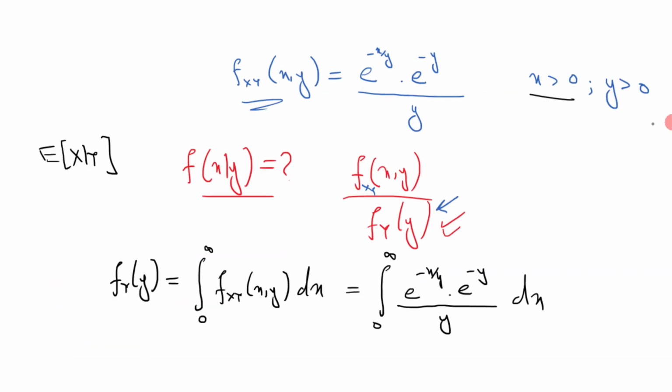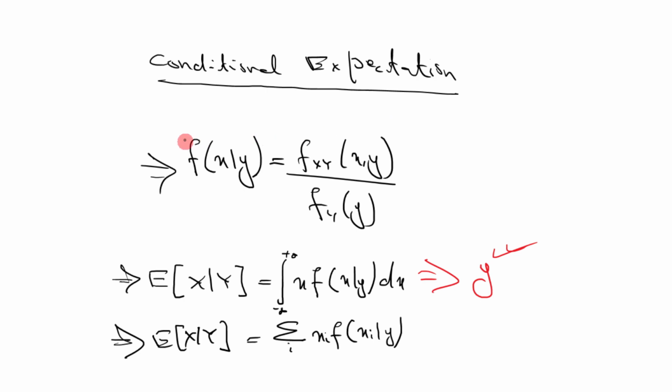So our main task was to determine this expectation of x given y. For this purpose, we have to use this expression where we have determined this f of x given y. So let us put this f x given y, or conditional density of x given y, into this expression.